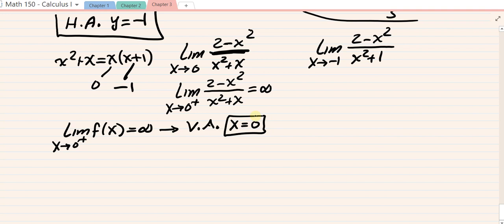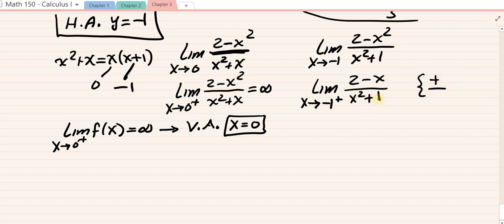Okay, that's one. Let's do the limit as x goes to negative 1, and I'm going to make this negative 1 from the right or left, it doesn't matter. Again, we can make it go from the right. So the numerator, negative 1 squared is going to be positive 1. 2 minus 1, the numerator is going to be positive, right?